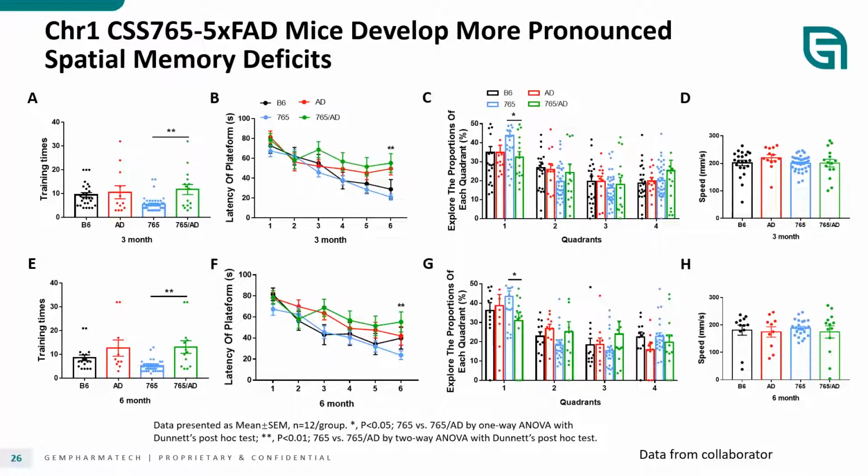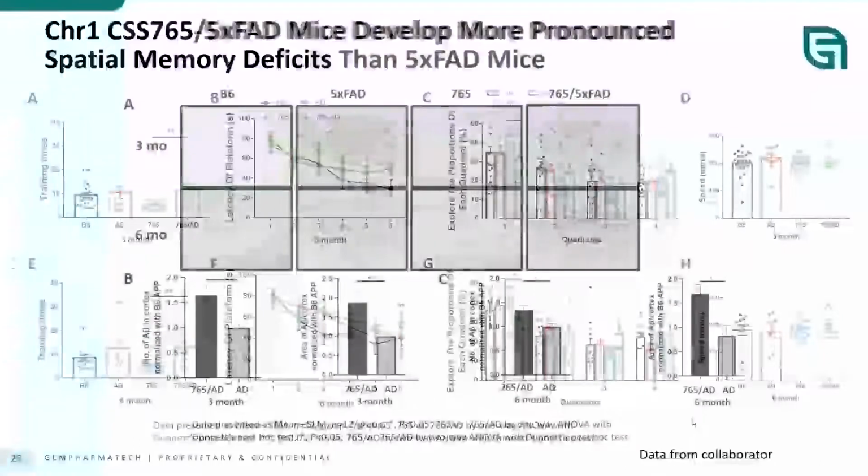So some combination of the 5XFAD and the wild chromosome 1 gene variants altered the behavior and activity in those animals.